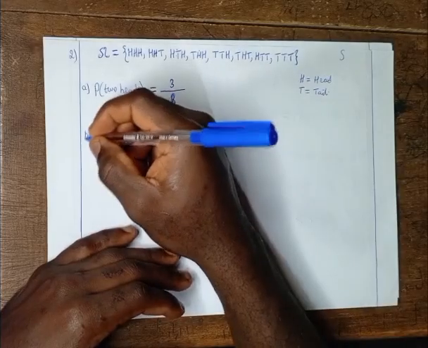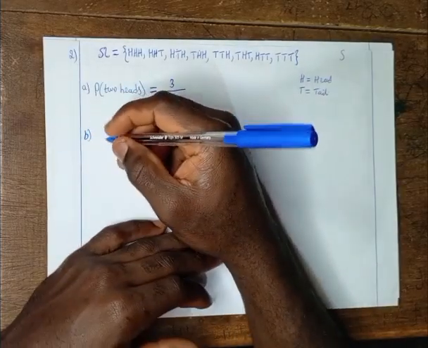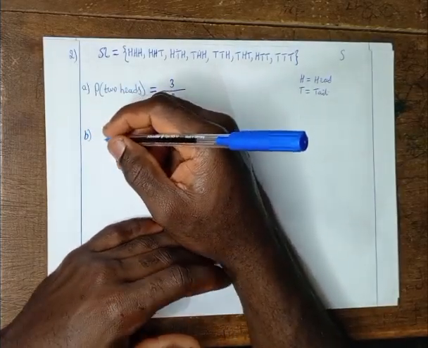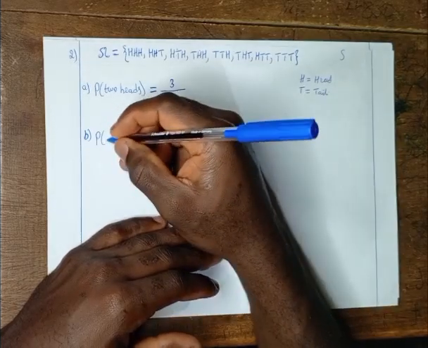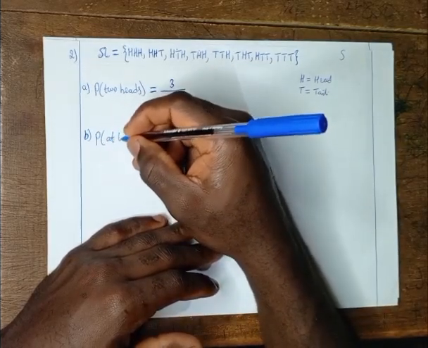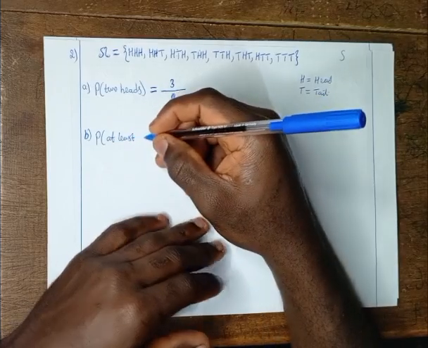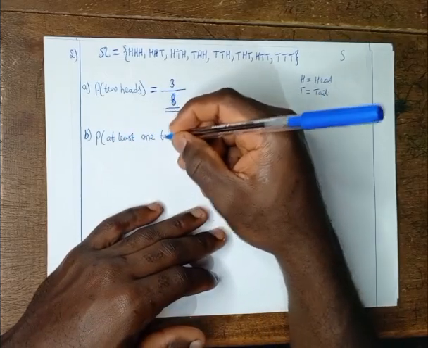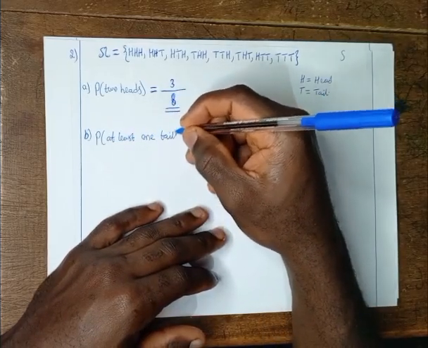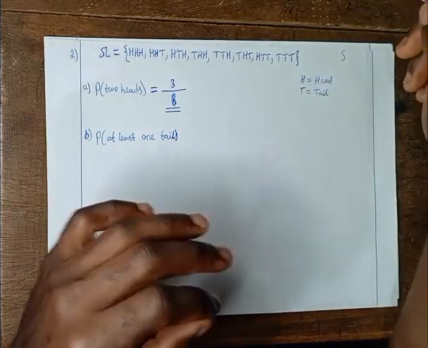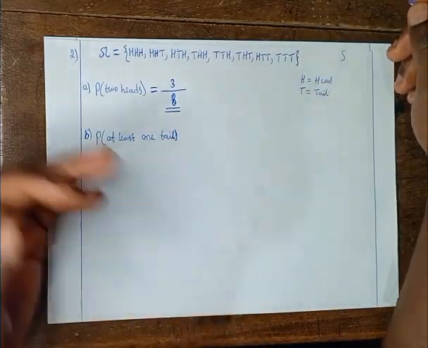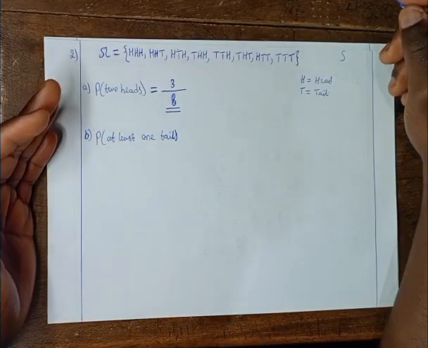Next, for B, we are required to find the probability of getting at least 1 tail. Probability of getting at least 1 tail. When we talk of at least getting 1 tail, that means the minimum should be 1 tail. That means you can either have 1 tail, or 2 tails, or 3 tails.